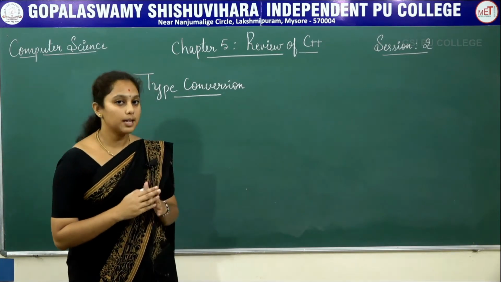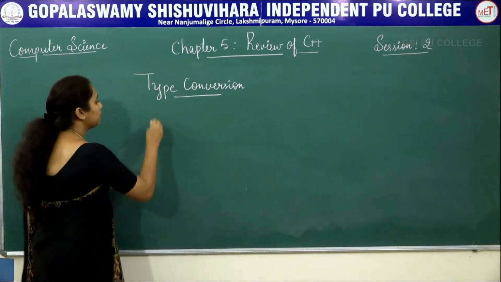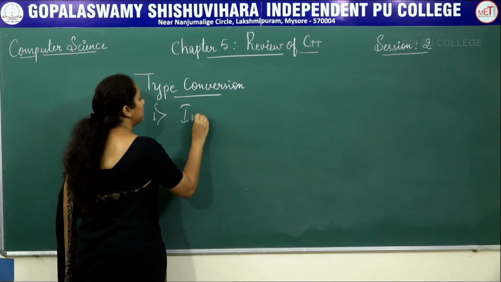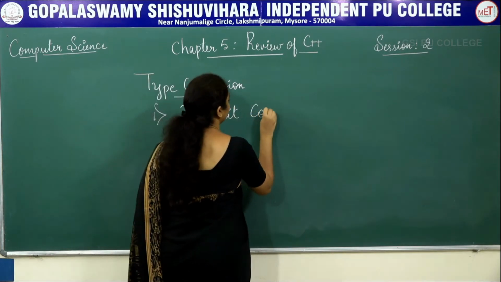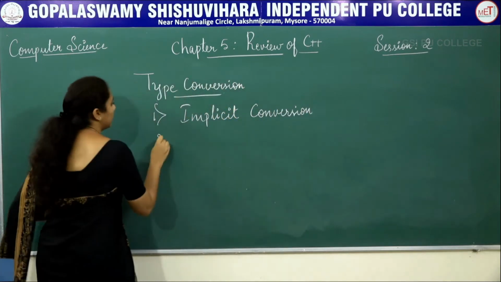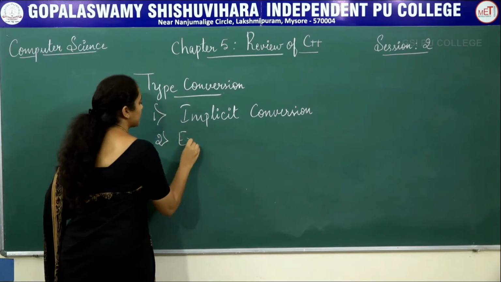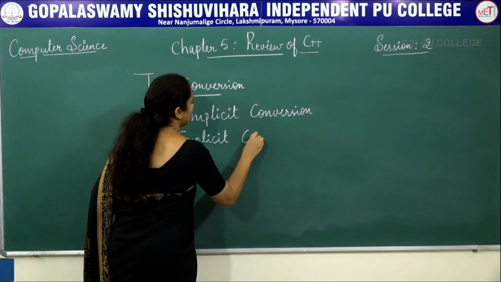In type conversion, there are two types. The first one is implicit conversion and the second type is explicit conversion.